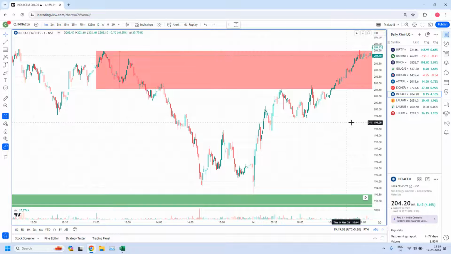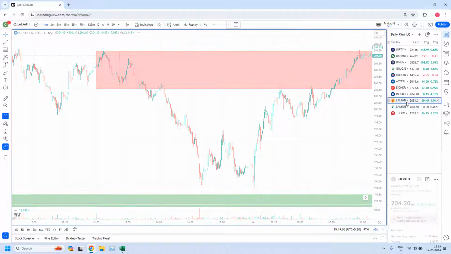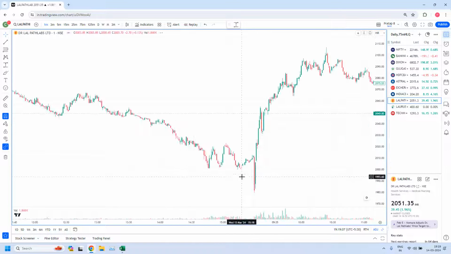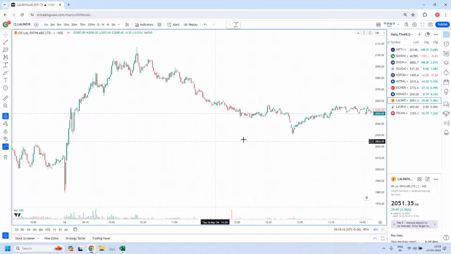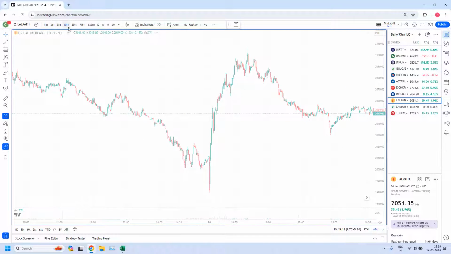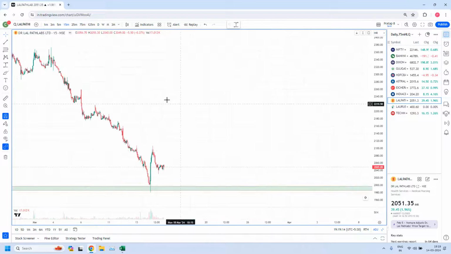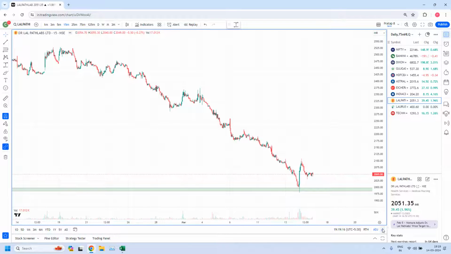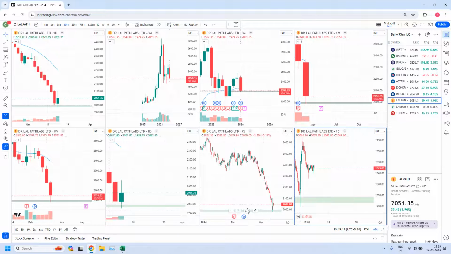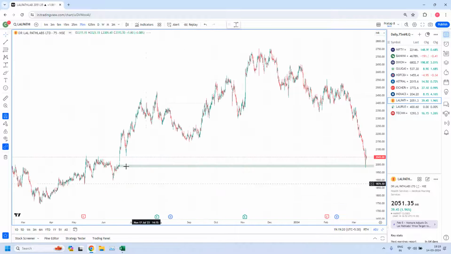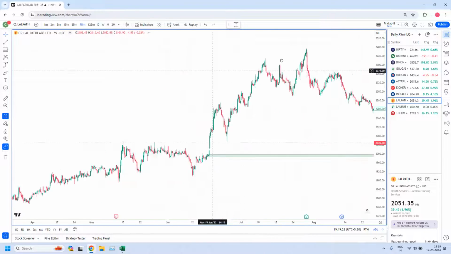So which zones are violated? One is Lalpath Lab. Look into this Lalpath Lab. Sorry, let me go to 15 minutes. This is a 75-minute zone. First, let me go to the 75 minutes. This is a 75-minute demand zone.